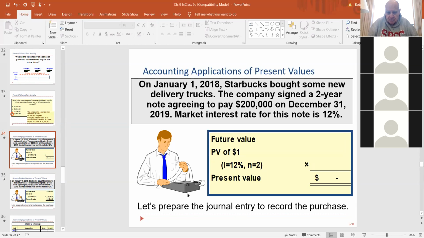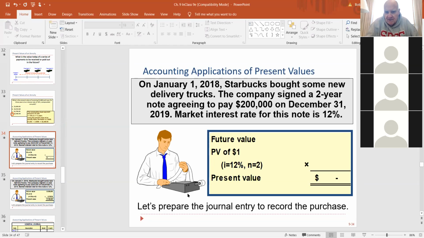The poor lady was confused by the word note. It's really a lease, but it's the same thing. They signed a 2-year note agreeing to pay $200,000 in 2 years. They borrowed the money at the beginning of 18, and they're going to pay it back at the end of 19. So that's 18, 19, 2 years. And the market interest rate for this note is 12%.